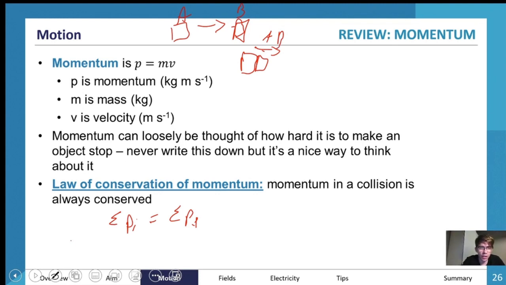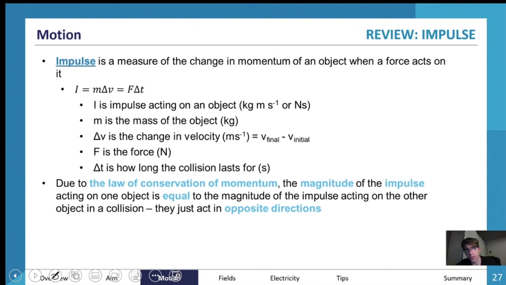So the idea is that mass of A multiplied by initial velocity of A plus mass of B multiplied by initial velocity of B is actually equal to mass of A plus mass of B multiplied by the velocity of both, right? That is momentum, and that is the law of conservation of momentum.